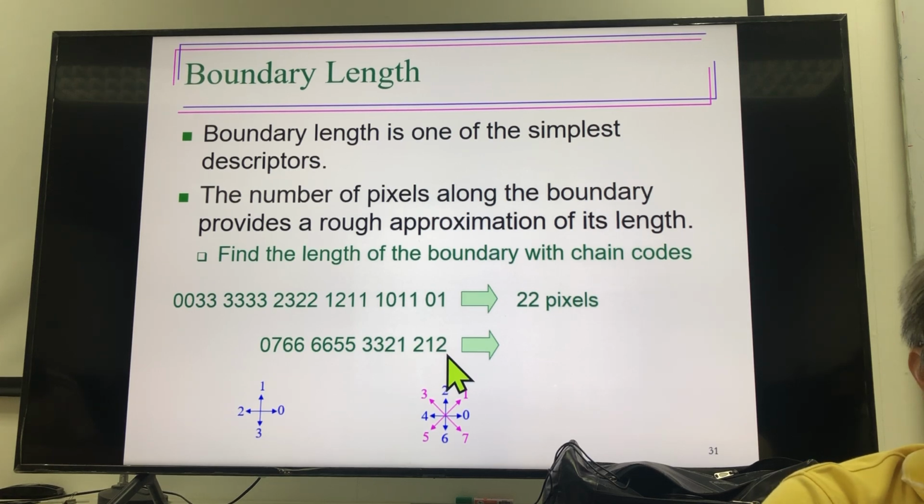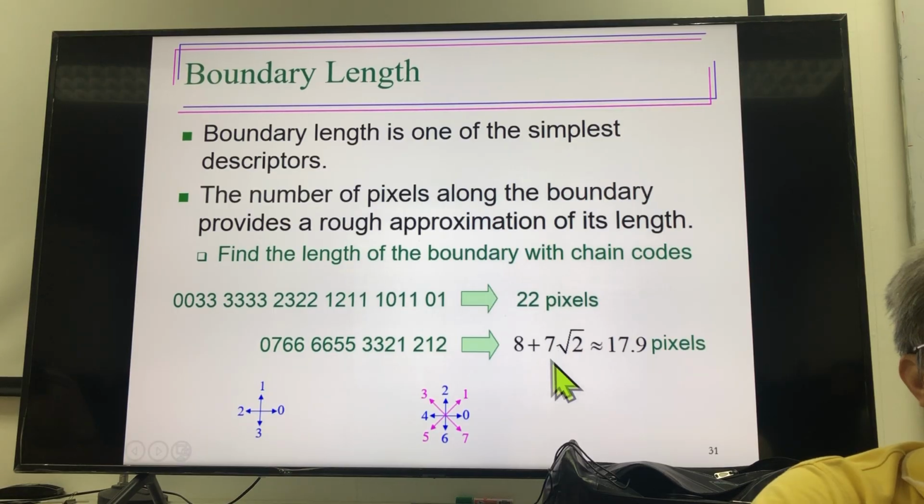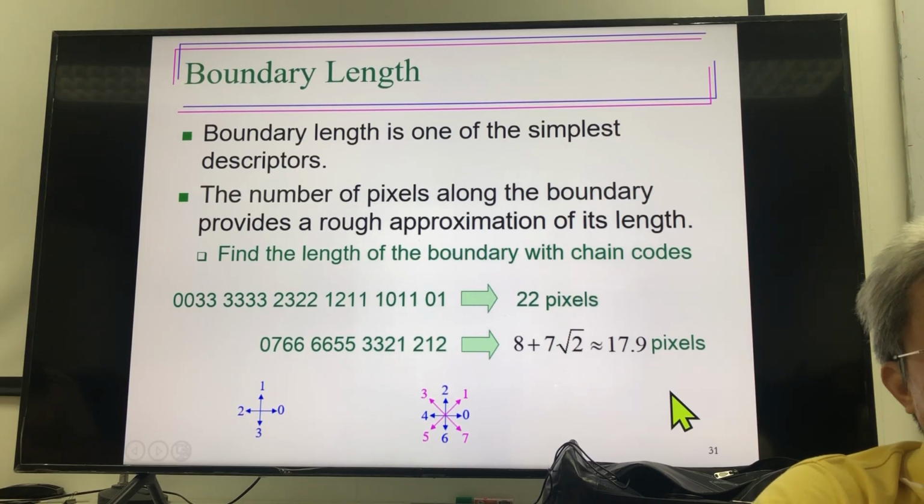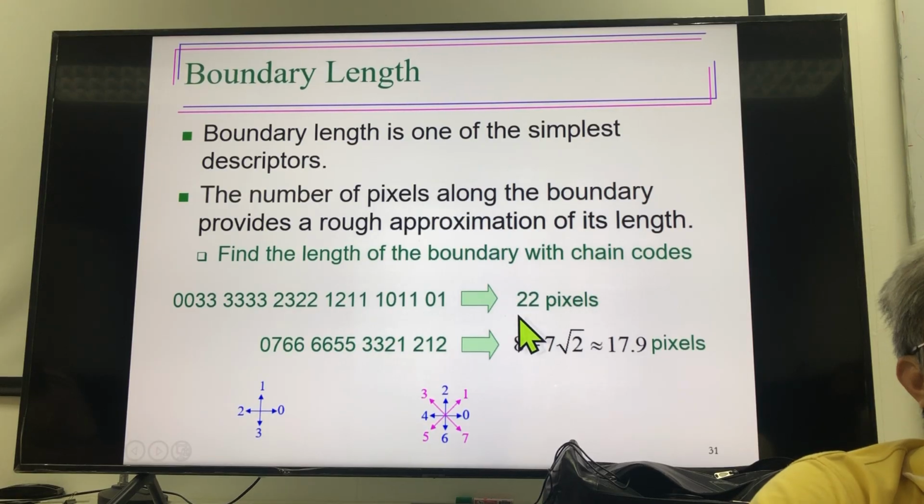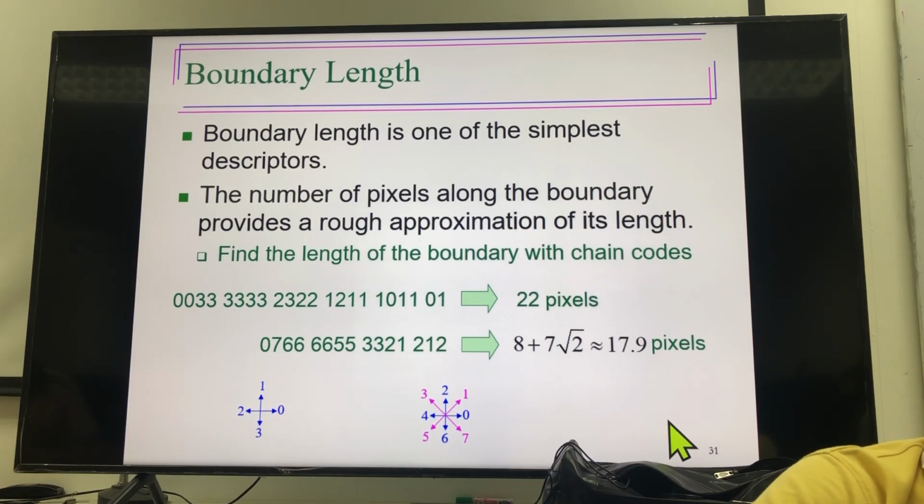So the distance would be 8 plus 7 square root 2. Okay, that's the boundary of the object. So you can represent the objects. One of the descriptors for the boundary is the length of the chain code.